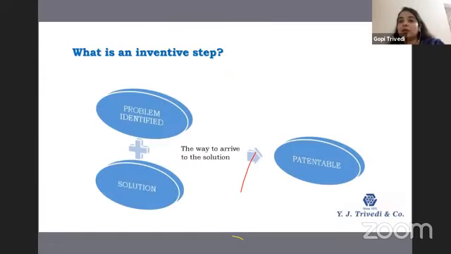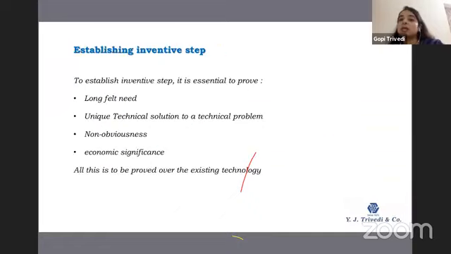To really make it possible, this is how we look at every invention. In a given invention, we try to figure out which problem, one or more, is identified and what kind of solution is provided. Now, the way to arrive at that solution is something to be patented, or that only can be patentable. That way to arrive at this solution must contain a kind of long felt need.